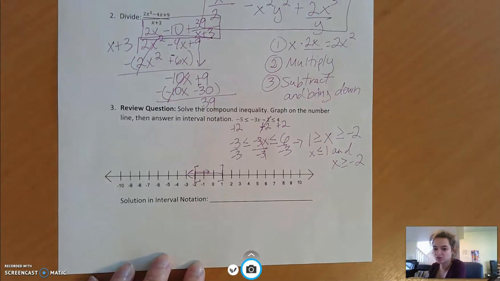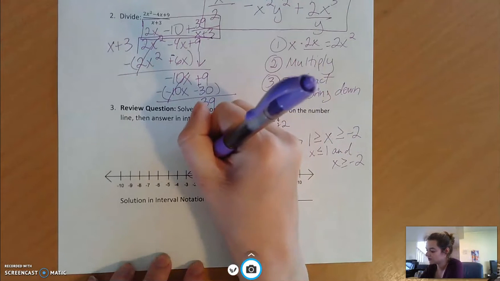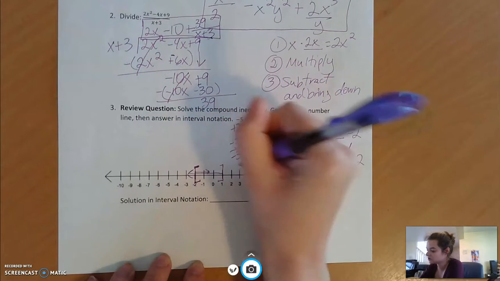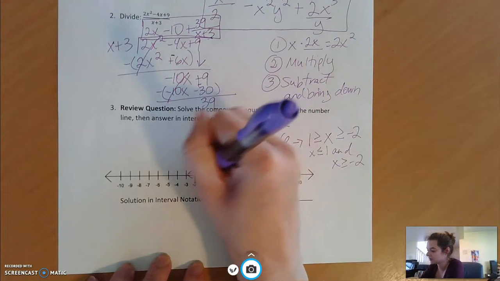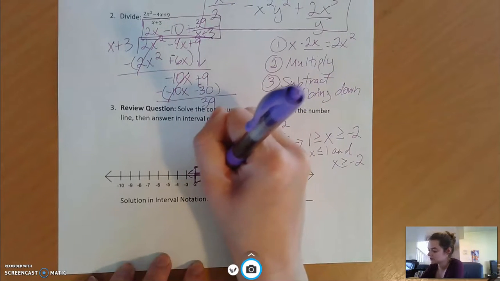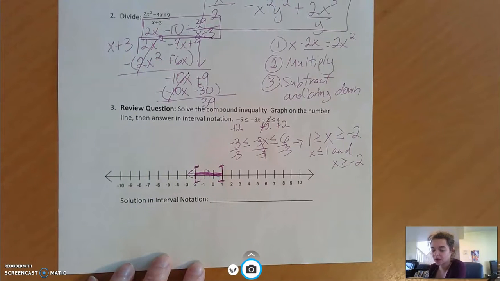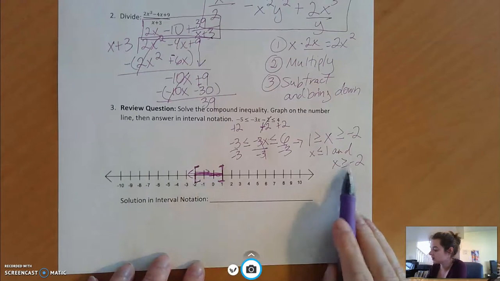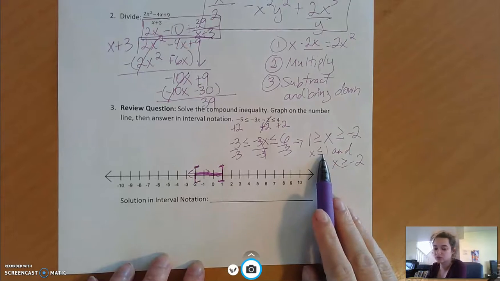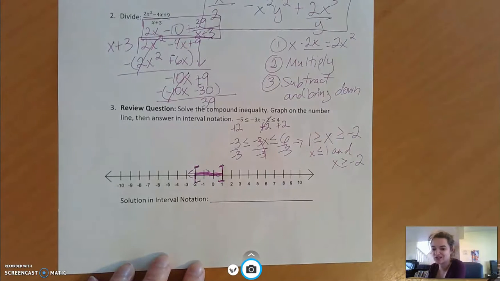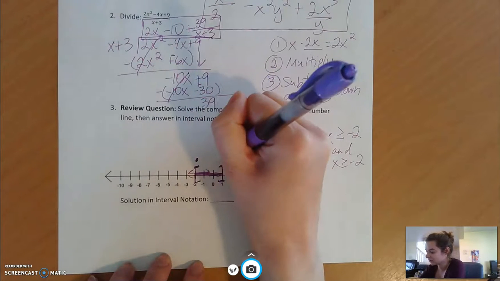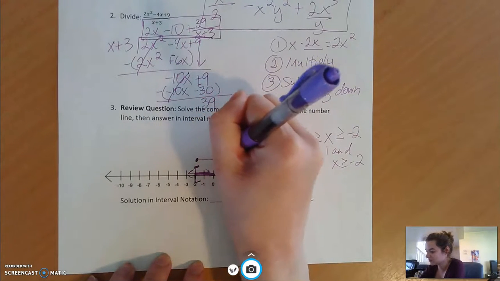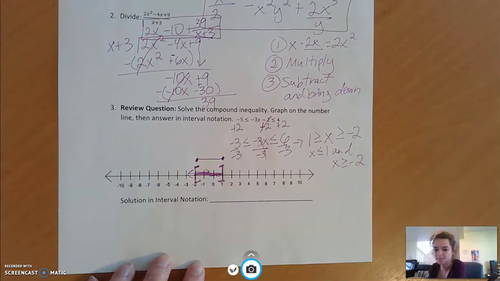So my overall solution for when it's both things at the same time will be a bracket at negative 2, a bracket at 1, and everything in the middle. So that's what satisfies my inequality. I do use brackets because of the or equal to. If you are one of the people who likes to use dots, it would be a filled in dot. You could do filled in circle here, filled in circle there, and everything in the middle. That works as well. Okay?